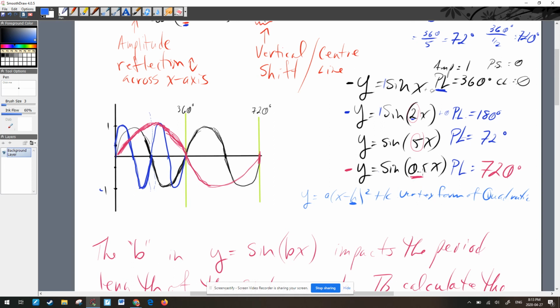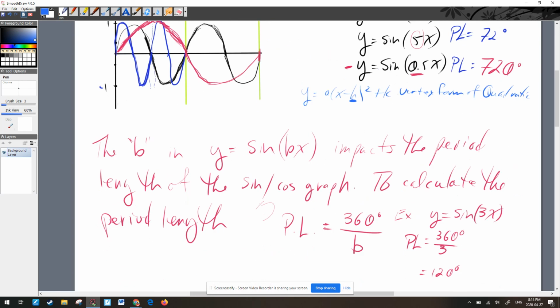And that's stuff inside brackets. Normally, when we're talking about transformations, it works opposite to what it seems. So a big value doesn't make the function bigger, it makes the function smaller. A small value doesn't make it smaller, it makes it bigger. Stuff inside the brackets works backwards, okay?